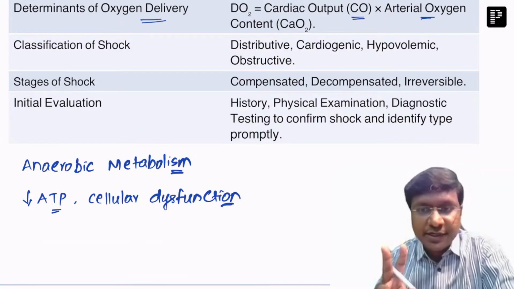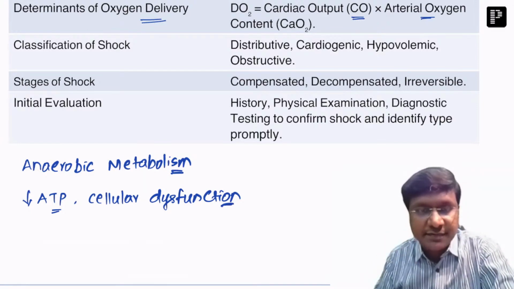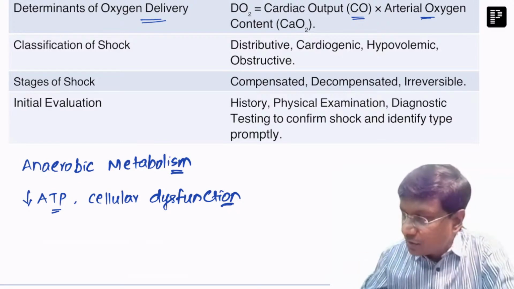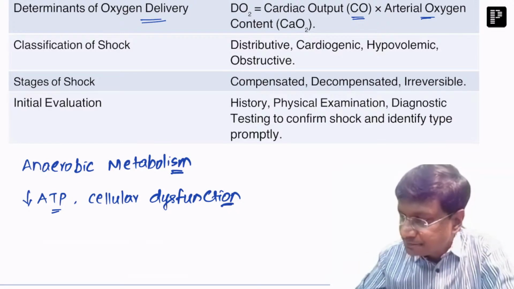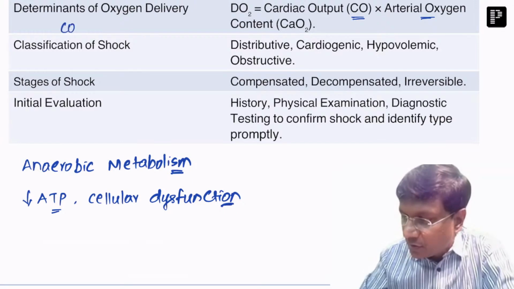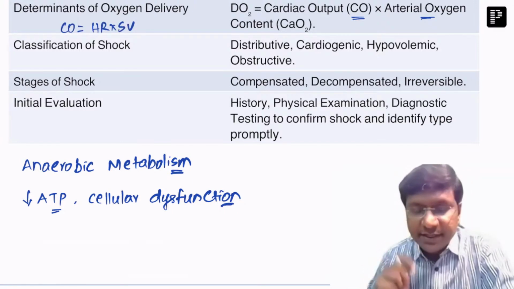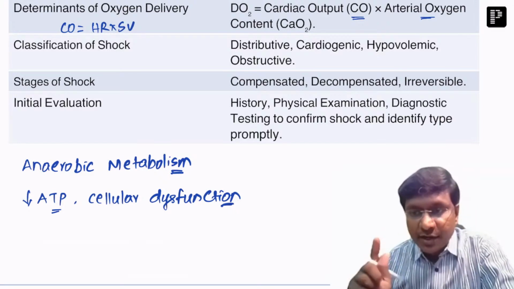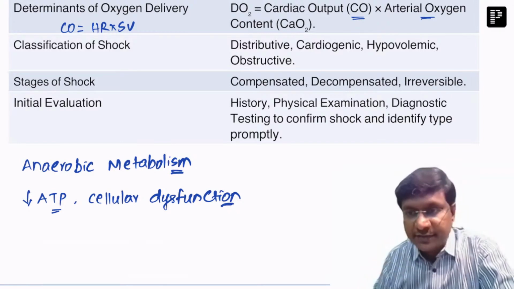These are the two important determinants of oxygen delivery. What is cardiac output dependent on? Cardiac output is dependent on the heart rate multiplied by the stroke volume. So any factor affecting the heart rate or the stroke volume will affect oxygen delivery.